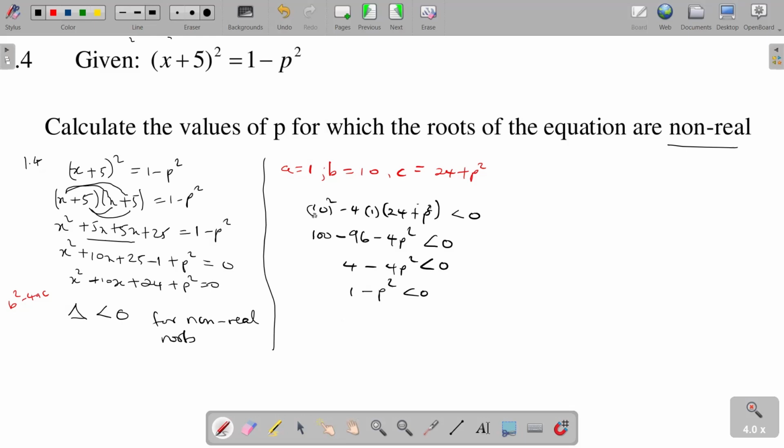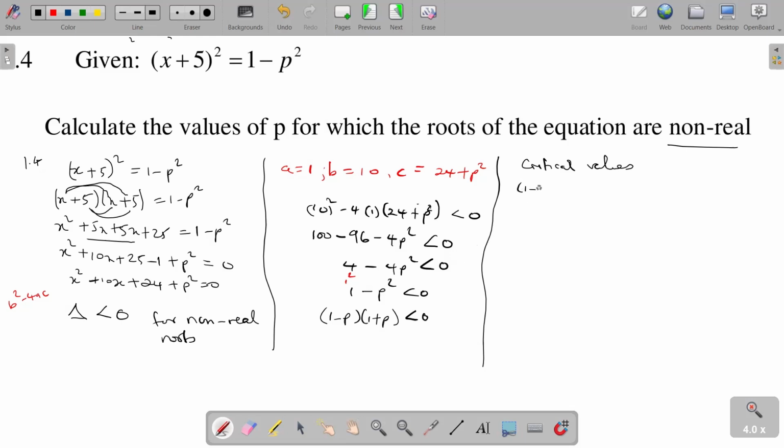This is a difference of two squares since 1 is given as 1 squared. So we are going to have 1 minus p, times 1 plus p, less than 0. Then from there, we have to determine critical values. For the critical values, we replace the inequality sign by an equal sign.